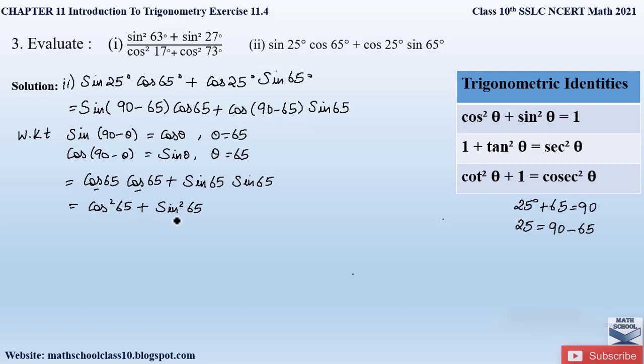So here since theta value is 65 and 65 for both cos and sine, therefore we can apply this trigonometric identity. So cos square 65 degree plus sine square 65 degree will be equal to 1. Again the result is 1 for second part of the question also.